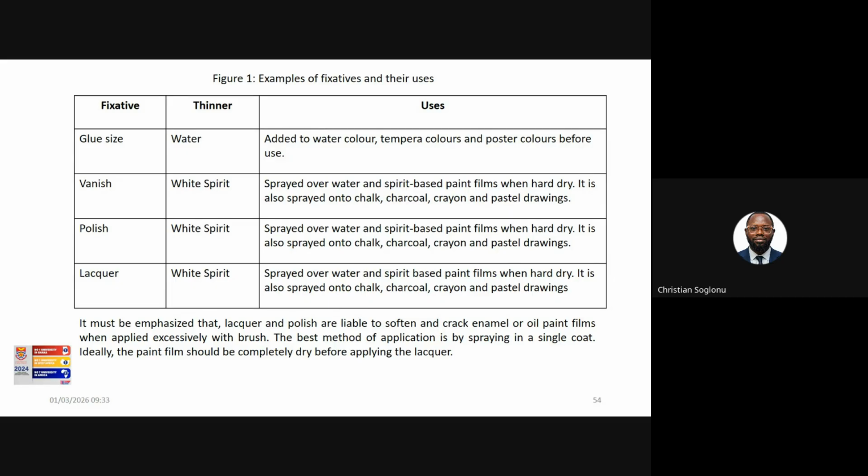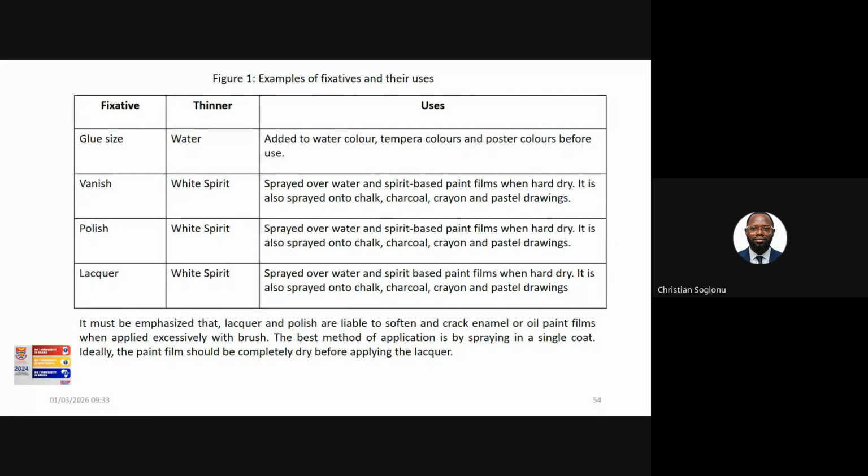It is also sprayed onto chalk, charcoal, and pastel drawings. Polish, with white spirit, is sprayed over water and spirit-based film when hard and dry. It is also sprayed onto chalk, charcoal, crayon, and pastel drawings.